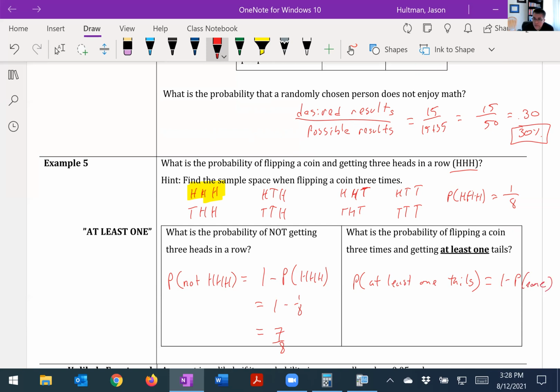At least 1 is the complement of getting none of them. Again, this is the exact same problem because the only one that doesn't have any tails is heads, heads, heads. So the probability of getting at least 1 is 1 minus the probability of no tails, which is 1/8. And so this is 7/8 again. Basically the same problem, just stated a little bit differently the second time.